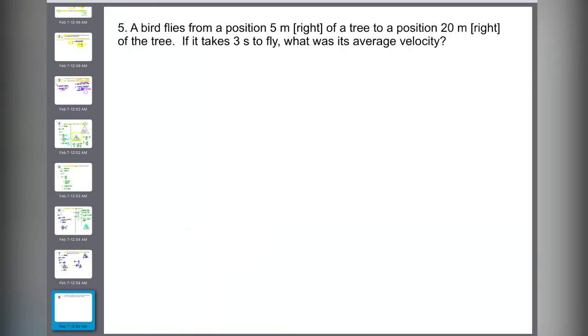A bird flies from a position. Right now I'm dealing with vectors. I'm talking about a position 5 meters right of a tree to a position 20 meters right of a tree. The tree is your reference point. It takes 3 seconds to fly. What is the average velocity? Sometimes it is helpful to draw a little picture. This is 0. That's where the tree is.